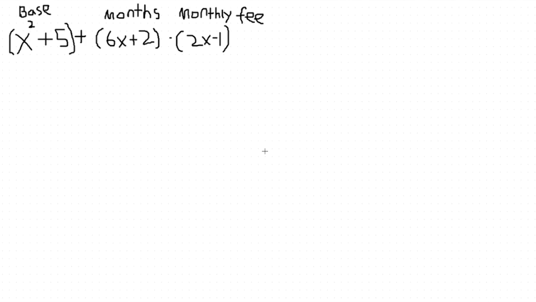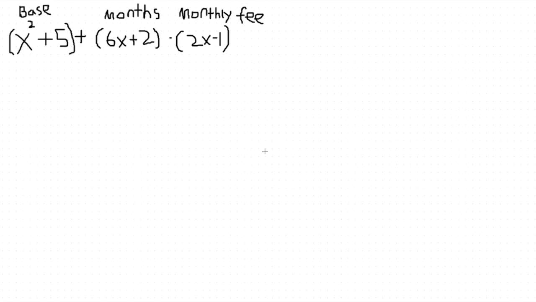The scenario for this problem is now with Jack and Jill's car. They bought insurance for it, so now we are calculating the total price they paid for insurance so far. The insurance company has decided to charge a base flat fee of x squared plus $5, and then you add that to the total monthly fee.